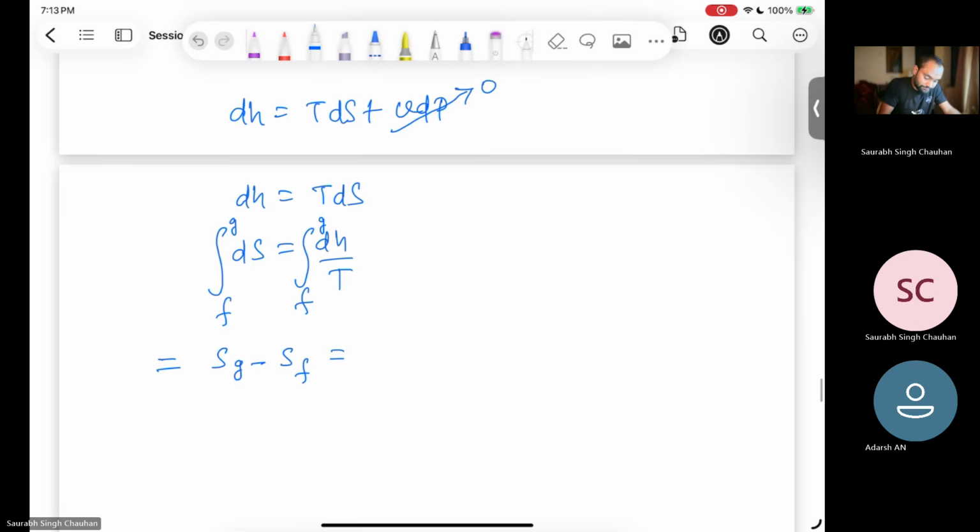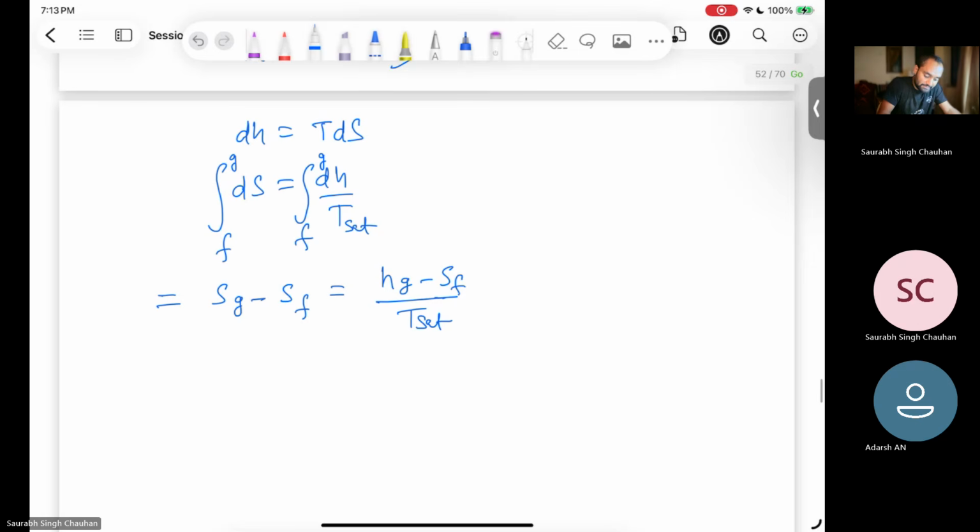This should be equal to, again, the temperature is constant, the saturation temperature, so it will come out, T saturation, and H of gas minus H of fluid. Sometimes we write this as HFG, meaning the enthalpy of the gaseous phase minus the enthalpy of the fluid phase. You can also say that this is the latent heat of vaporization.